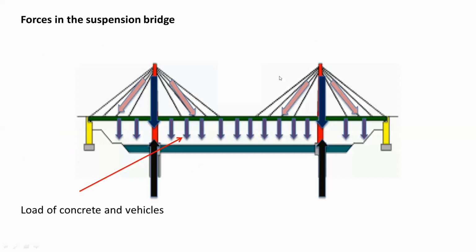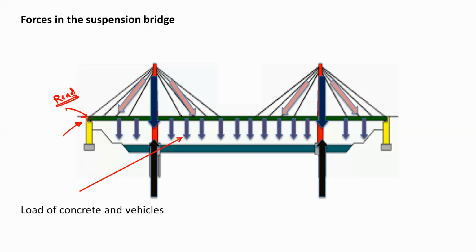So what are the applications of the parallel force system, or where can you physically observe a parallel force system? So this is an example of the parallel force system where a suspension bridge is supported by using suspension cables. So the load of that bridge, so this is the bridge or this is the road.